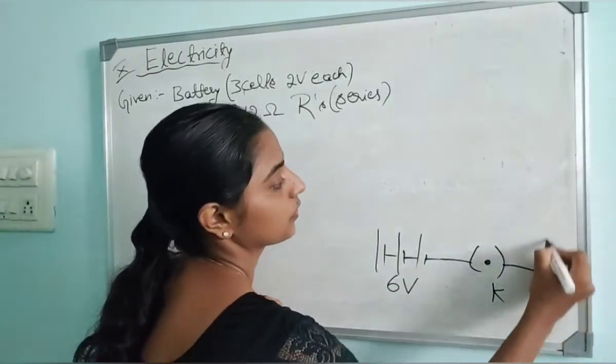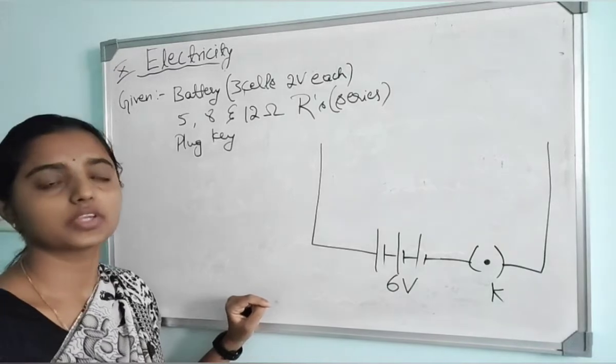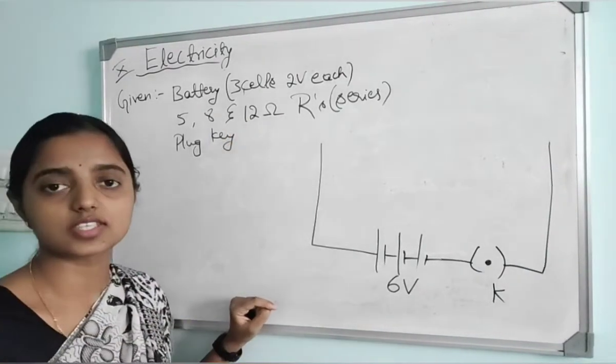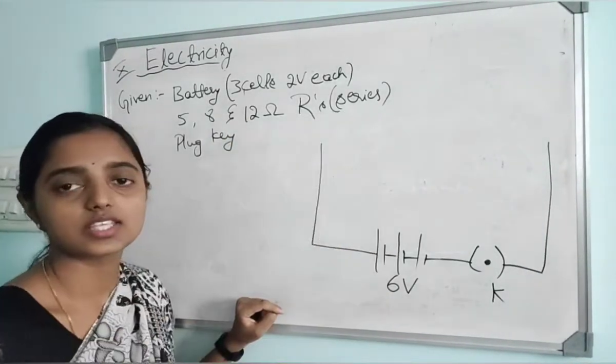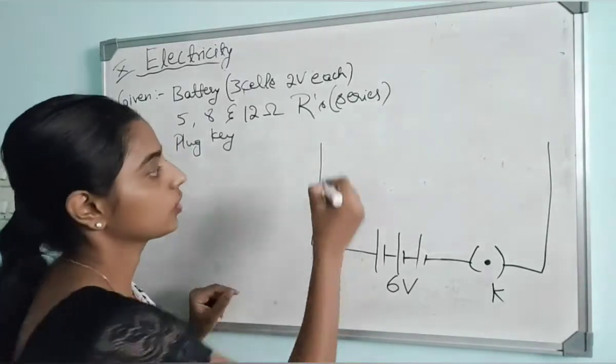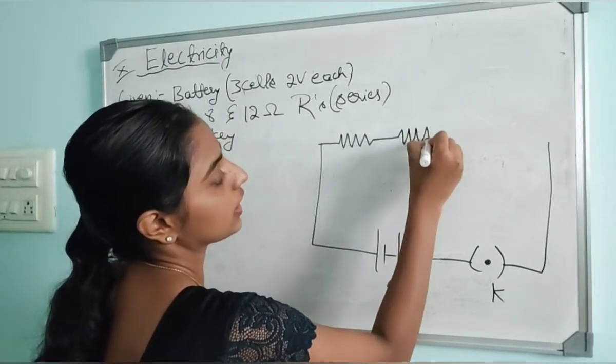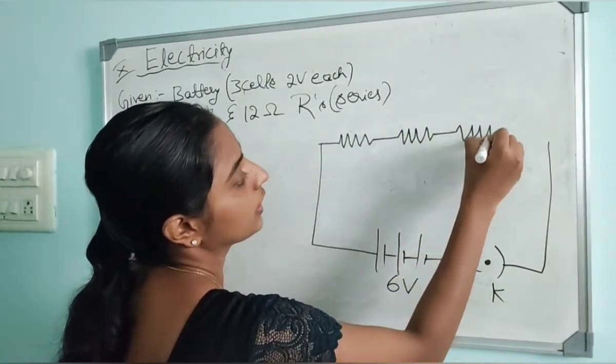And next, how many resistors are mentioned? They have given 3 resistors in series. So all the 3 resistors are connected end to end. We need to draw 3 resistors connected end to end.